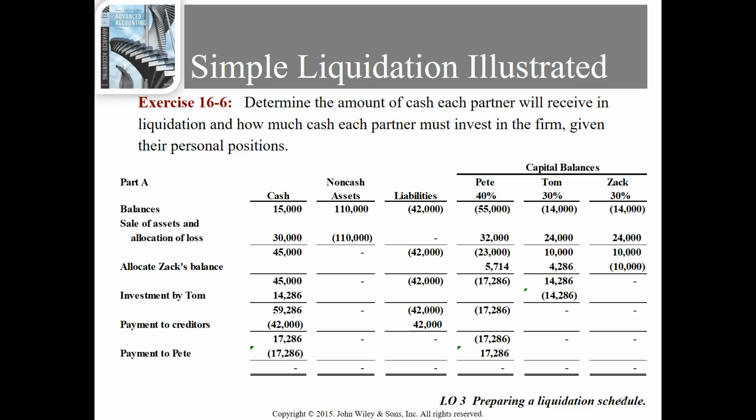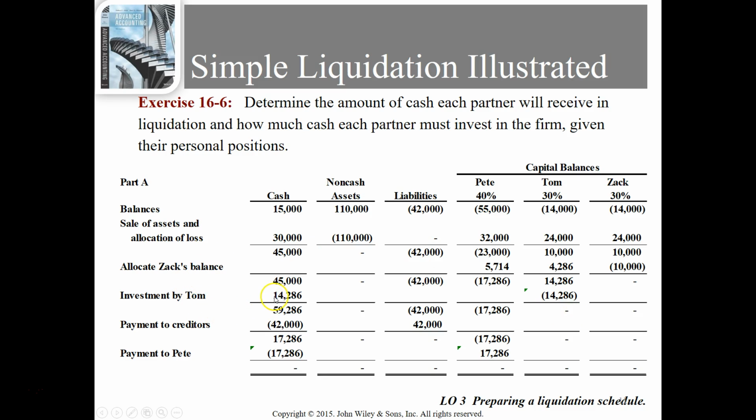Tom has an even further deficit, but because Tom is solvent, we can call up Tom and say, Tom, can you write us a check for 14,286, which he does. And that covers his deficit down to a zero balance.